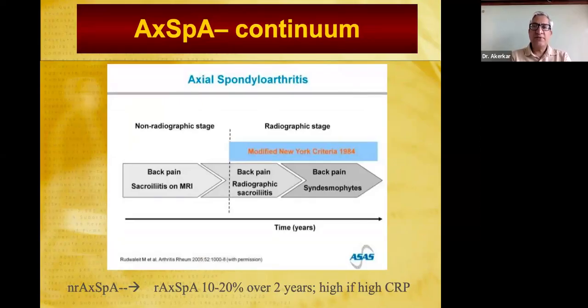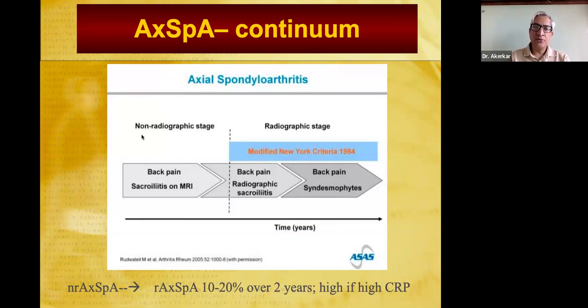In recent times, there have been changes in the nomenclature of axial spondyloarthritis. What we used to call ankylosing spondylitis now is just a small part of the entire continuum. This is the continuum. It is axial spondyloarthritis. You have already seen it is involvement of the axial skeleton in spondyloarthritis.